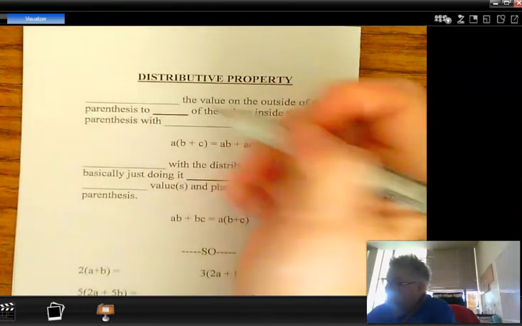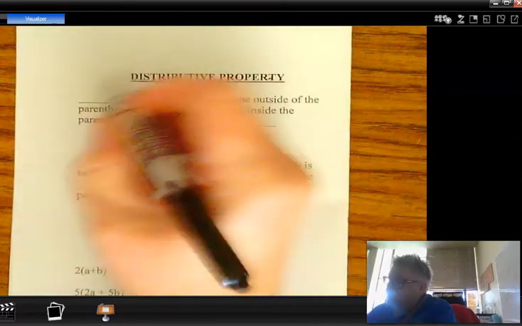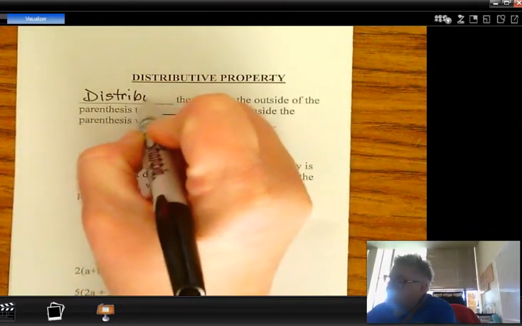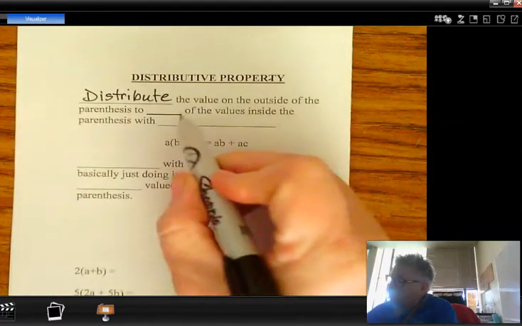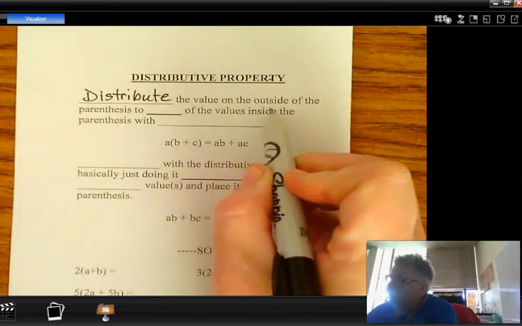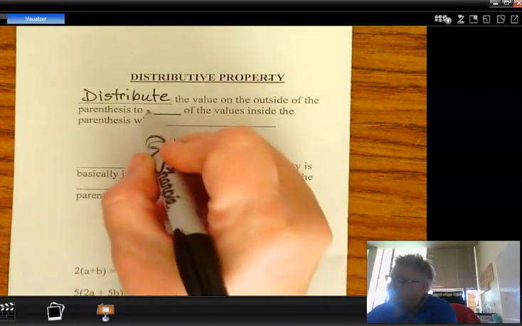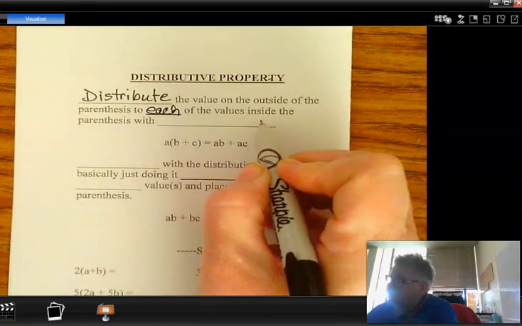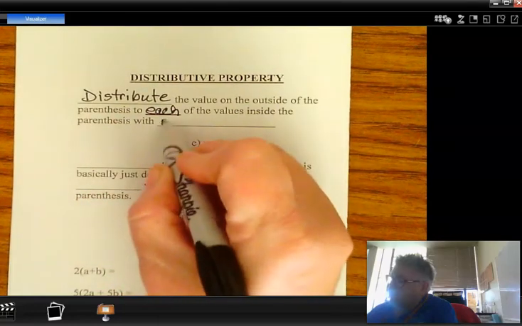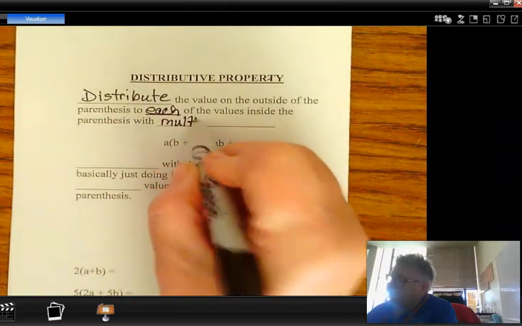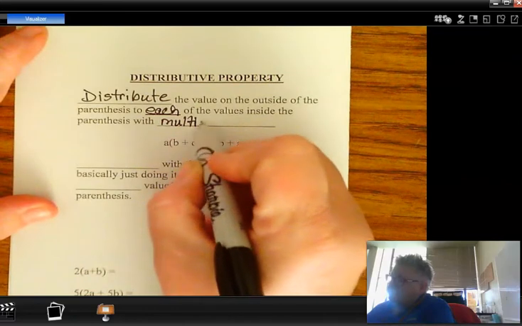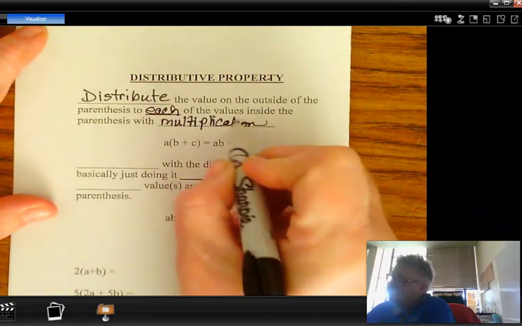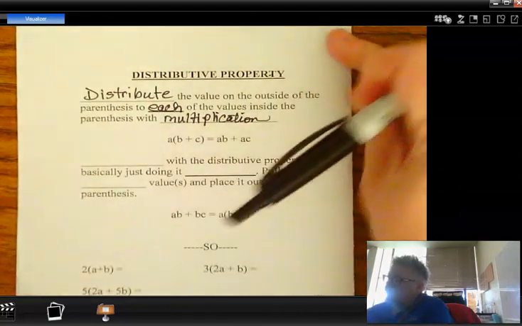So, what you need to do to use the distributive property is to distribute the value on the outside of the parentheses to each of the values inside the parentheses with multiplication.